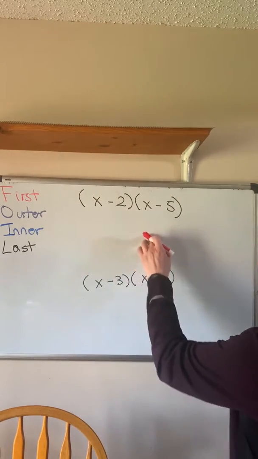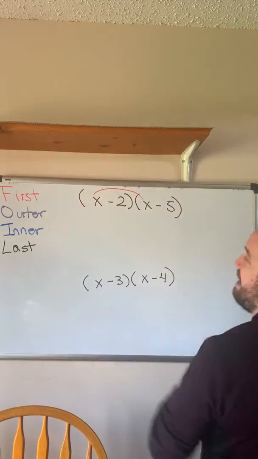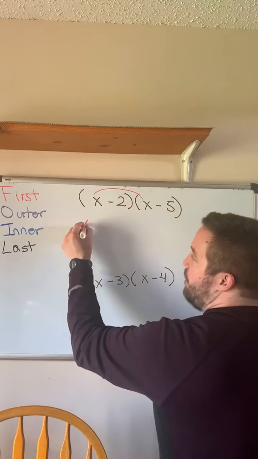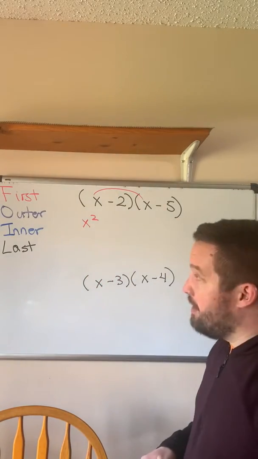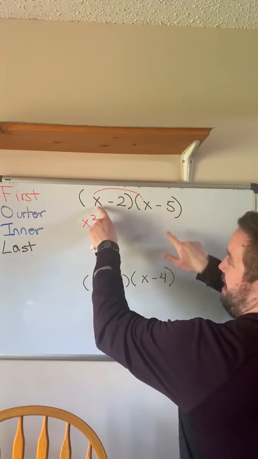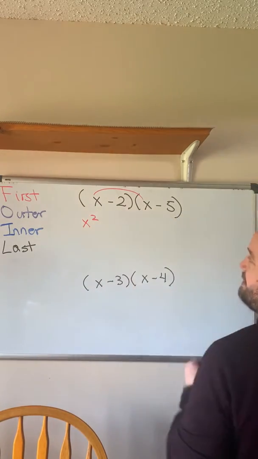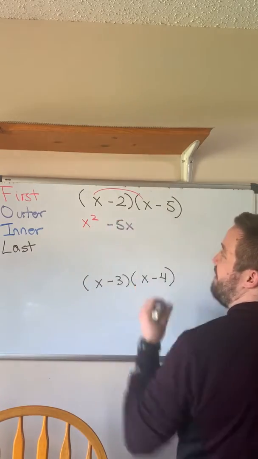So our process is going to start off exactly the same. I have x times x, which gives me x squared. Now I go outside, x and a negative 5. A positive times a negative is a negative 5x.